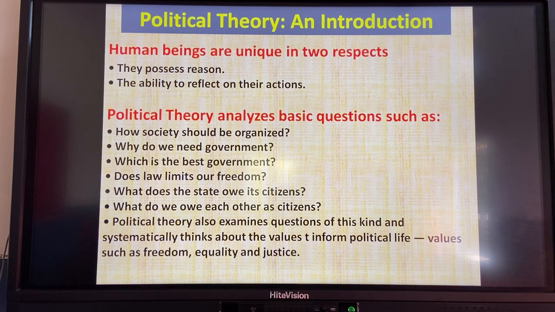Political theory also examines questions of this kind and systematically thinks about the values that inform political life, values such as freedom, equality and justice.